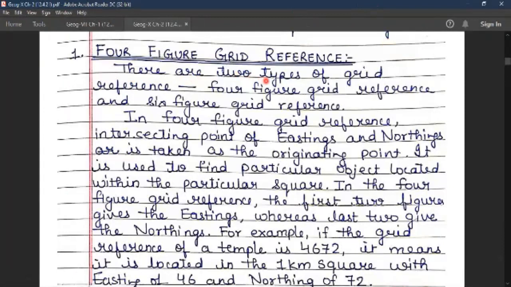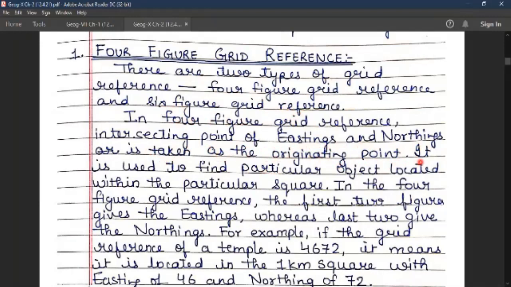There are two types of grid references. Number one, 4-figure grid reference, and number two, 6-figure grid reference. In 4-figure grid reference, the intersecting point of eastings and northings is taken as the originating point.